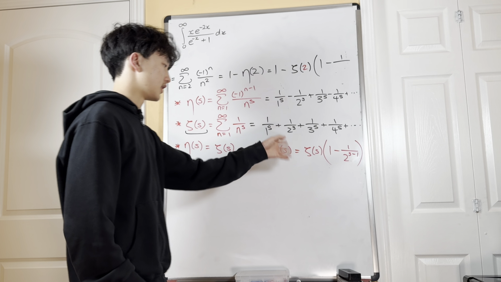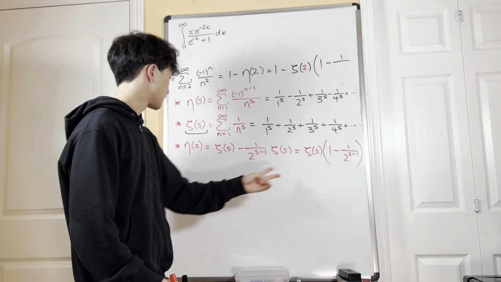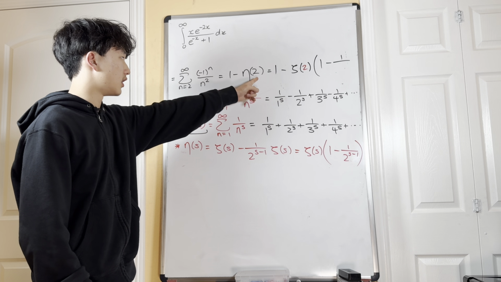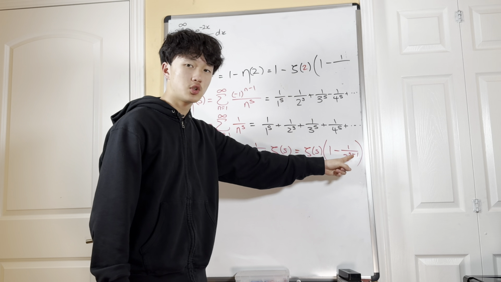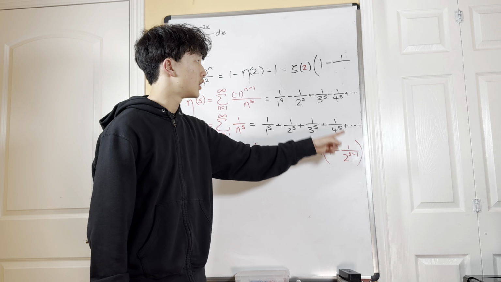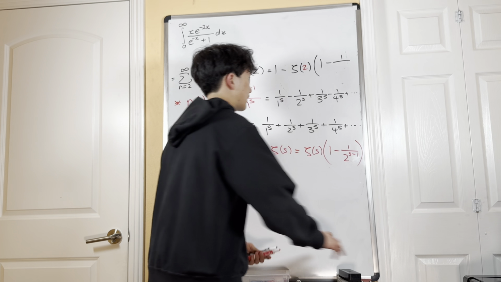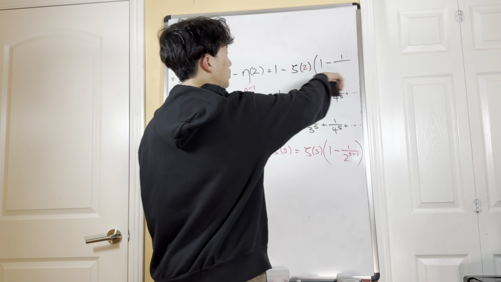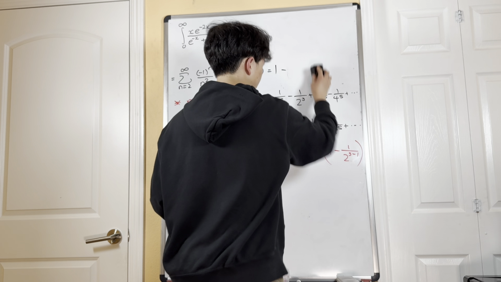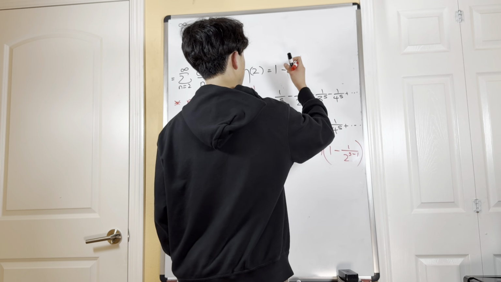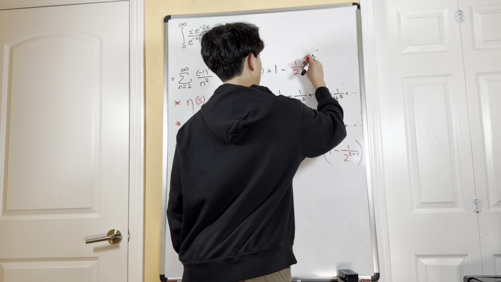Now s is just 2 because this is eta of 2. So if we plug in 2 there, we get 1 minus 1 half, and that's just 1 half. So in actuality, we can rewrite this whole thing as 1 half times zeta of 2.